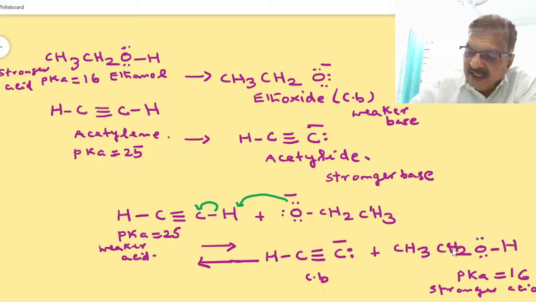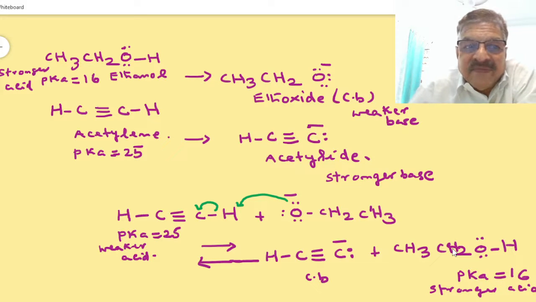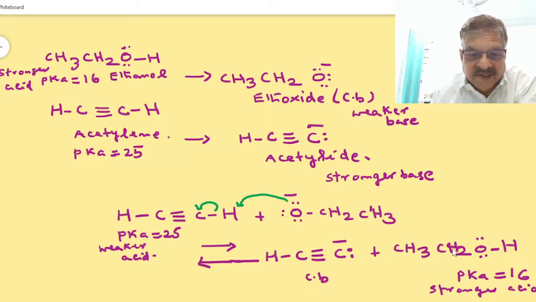Now, let us see the other reaction here. We have seen the reaction between acetylene and ethoxide. Now, the reaction between ethanol and acetylide: ethanol is a stronger acid here, acetylide is a stronger base. Now, let us see how the reaction will proceed here. I'll just change the page now.